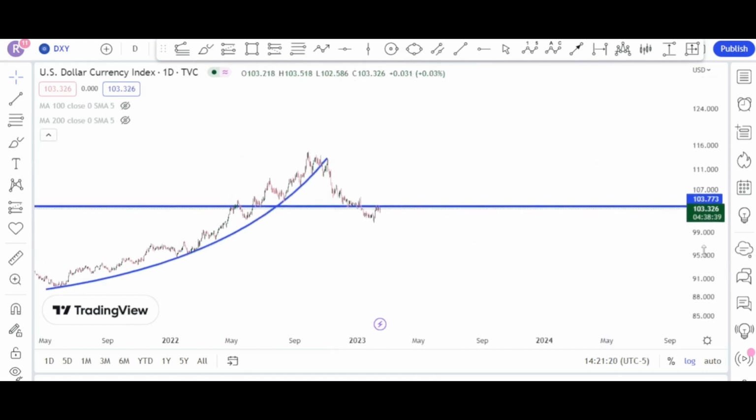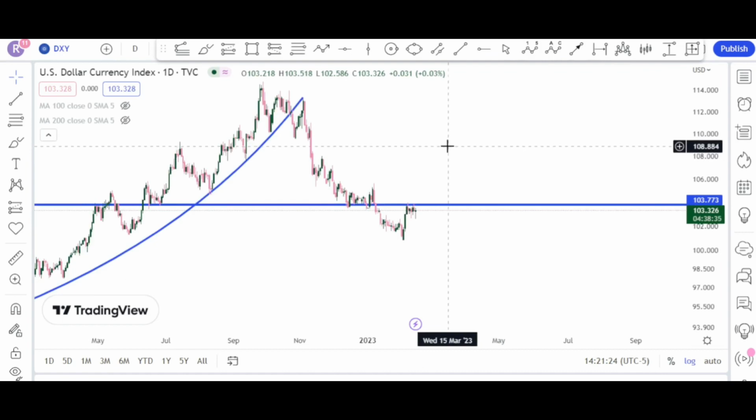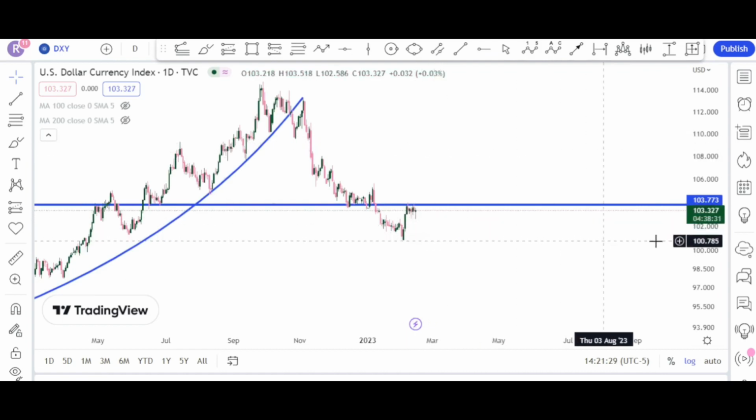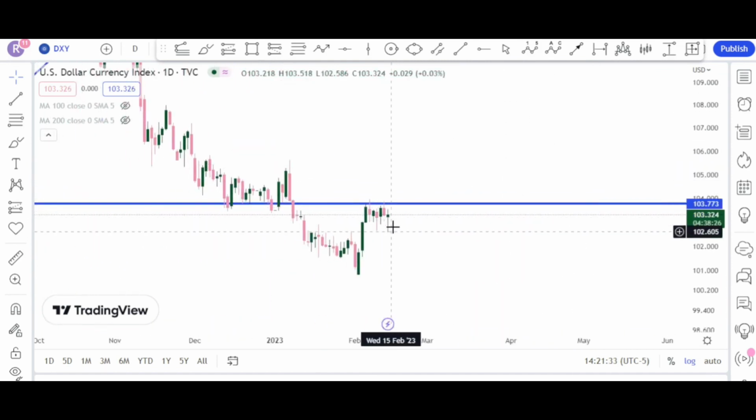For months we've been saying that we are in a parabolic structure, and these parabolic structures break down in a dramatic fashion. You can see that there's somewhat of a recovery happening at the moment. This candle is showing a little bit of strength, but still resistance is building right at these levels.